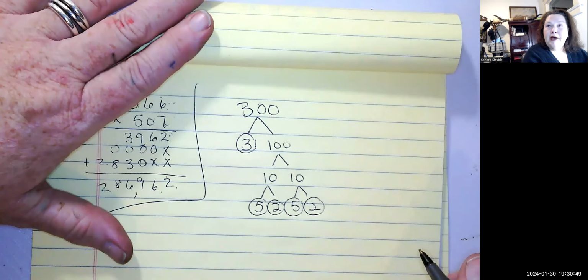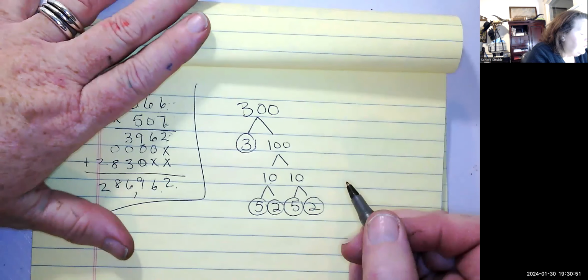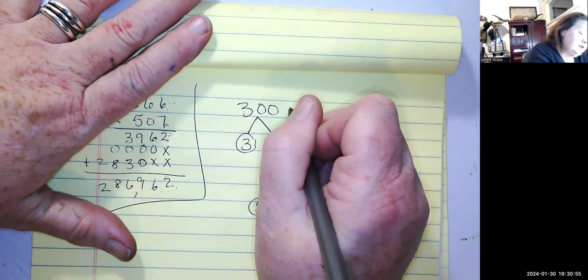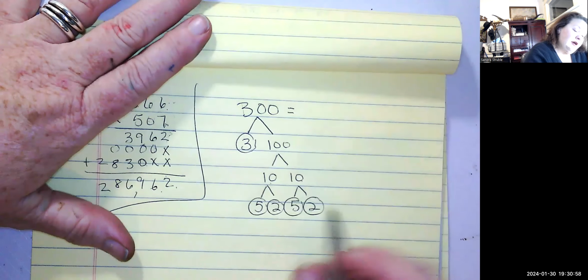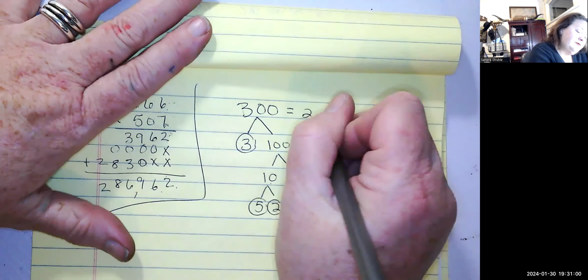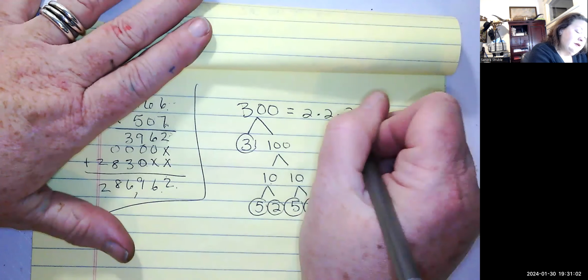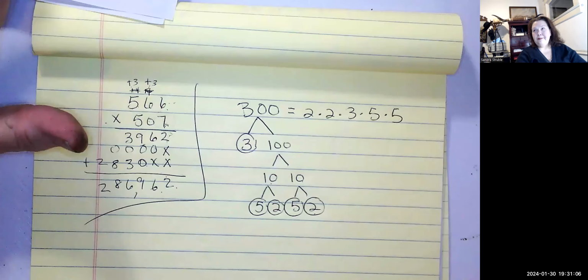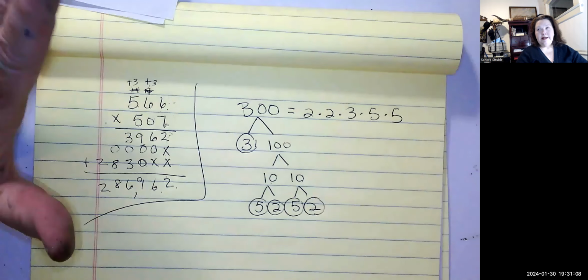We're done. So the prime factorization of 300 is equal to 2 times 2 times 3 times 5 times 5. That's one way to write it.